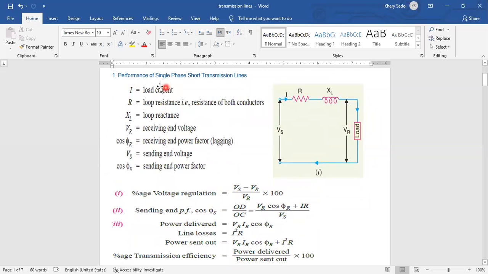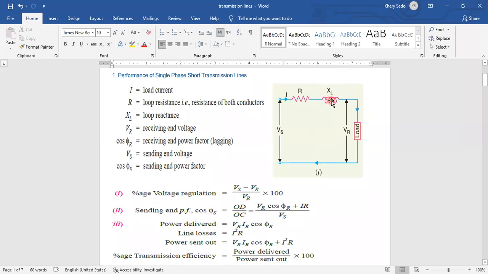These terms you have to know. I is the load current, R the resistance, loop resistance. If it's two-phase, for example, or if it's three-phase, we will say resistance per phase or total resistance, okay? XL is the reactance, don't forget.